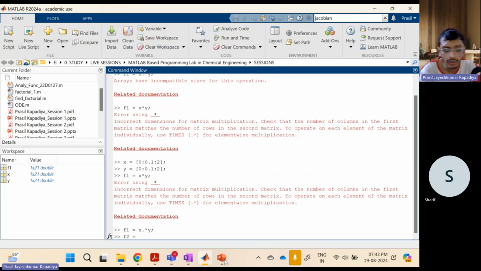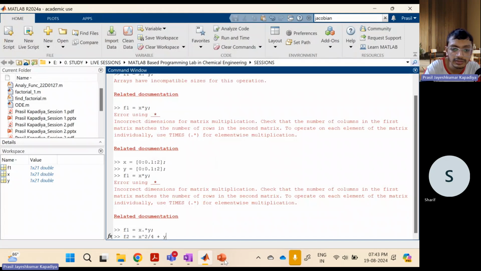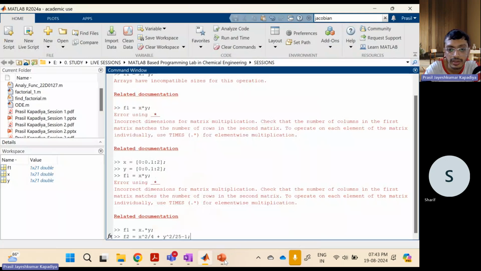x square by 4 plus y raised to 2 divided by 25 minus 1. Here also we need to put a dot, not colon, sorry.